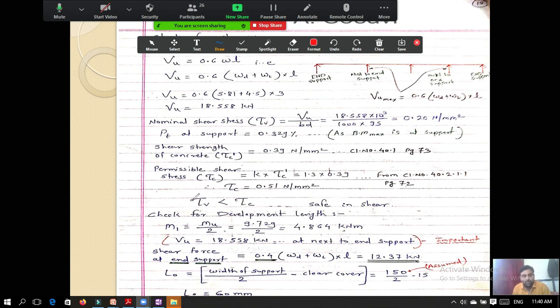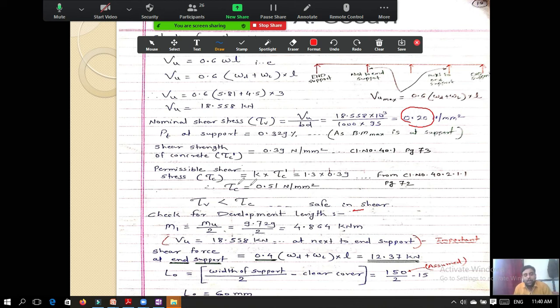So here your nominal stress tau v is less than tau c, hence it is safe in shear. Okay, that means see here, what is generated? Nominal shear stress is here. So what is being generated is 0.20. So the shear stress which is developed is 0.20, and how much is permitted?